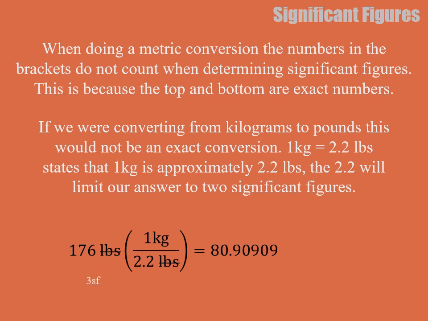My given has three significant figures. The bracket says 1 kilogram is equal to 2.2 pounds, which only has two significant figures. So my answer is only allowed to have two significant figures. Remember, multiplication division rules would apply. So 80.90909 to two significant figures would be 81 kilograms.